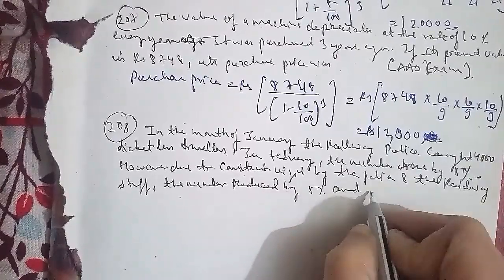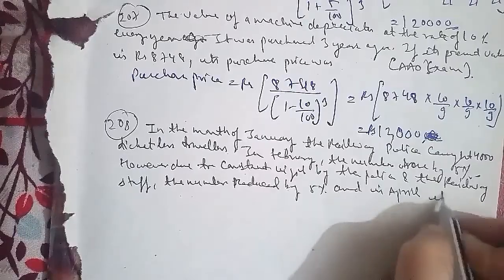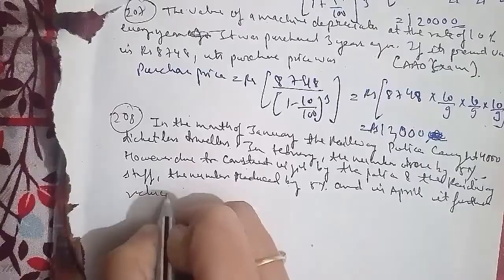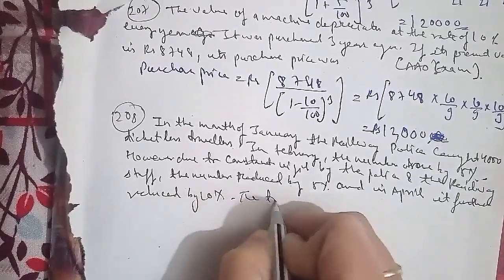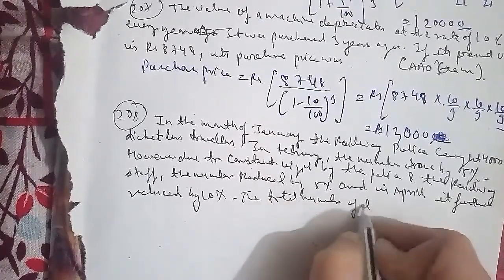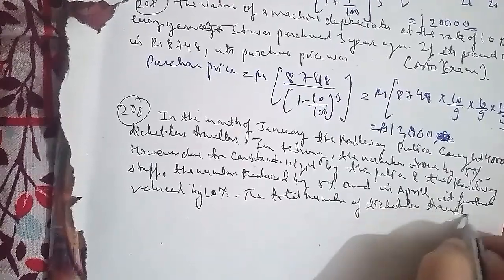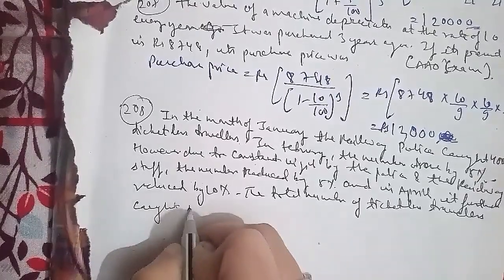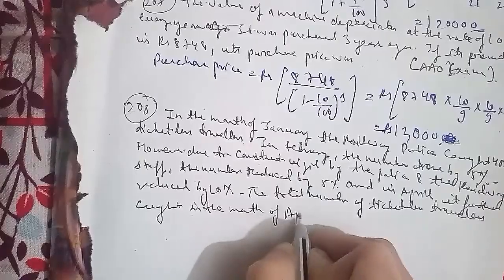And in April, it further reduced by 10%. The total number of ticketless travelers caught in the month of April was?